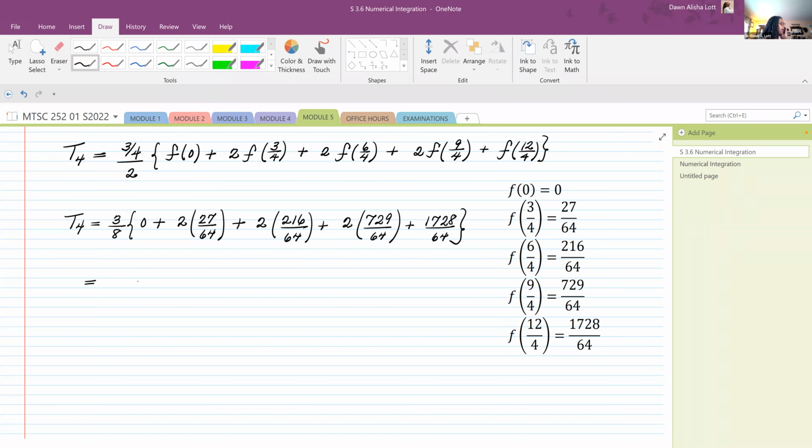Oh, I think I divided 2 out of everything since I saw everything was divisible by 2. So I made it easier for me.